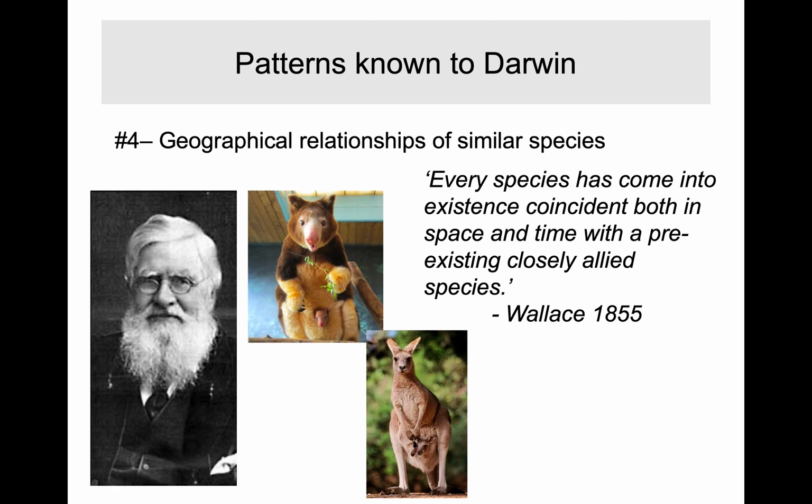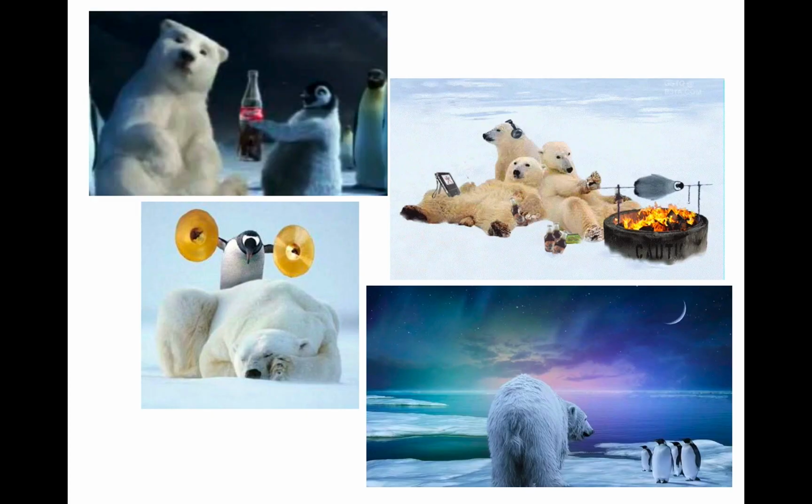And this is really cool, right? Because we're looking at two different species of kangaroo here from Australia, and they inhabit different habitats, but because they're found in the same space and general time, they're going to look very similar to each other, meaning that species are going to share similar geographical relationships. And we're going to dig into this a little bit more deeply.